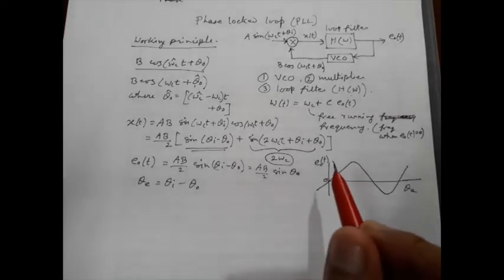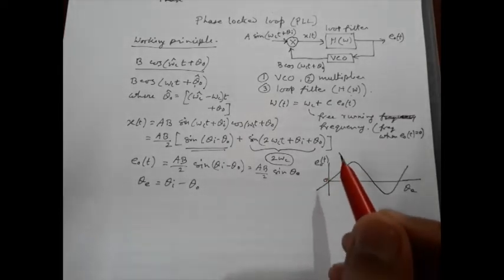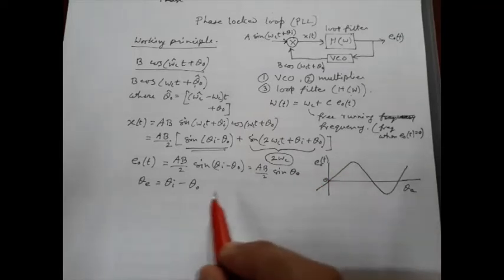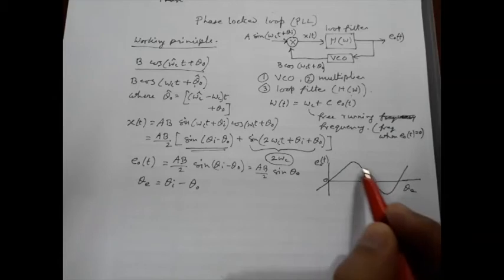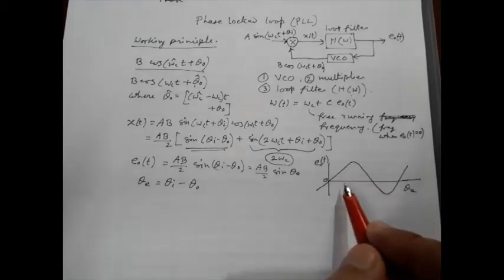Now suppose that the loop is locked. We are now trying to understand the lock procedure, how it gets locked.